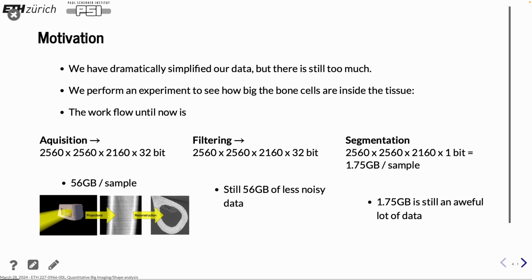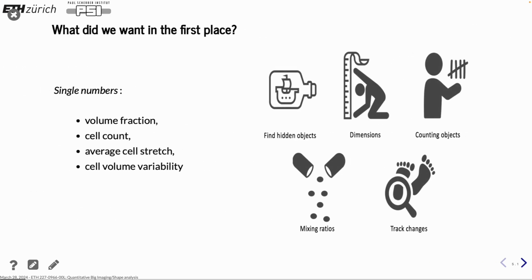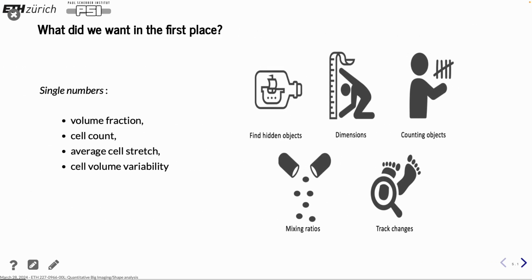And now we want to reduce this radically. The reason to do it is that we want to measure something. So we want to have some single scalar numbers in the shape of a table or something.